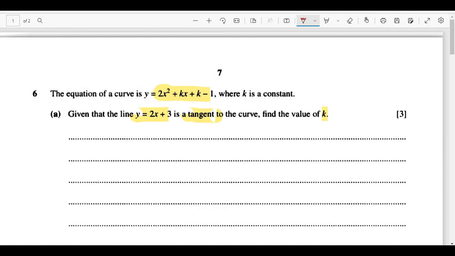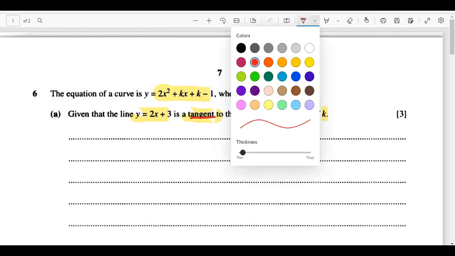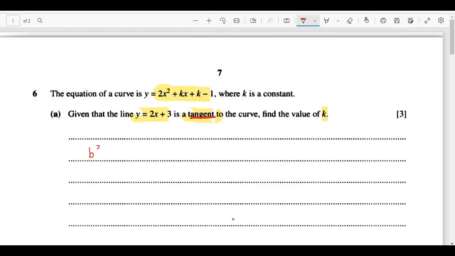Now, this is the scenario. We know that it is tangent, so I am going to write down that the discriminant b squared minus 4ac is equal to 0. Step 1 is to find the quadratic equation related to this context. For such cases, we make the quadratic equation by equating the curve and the line.